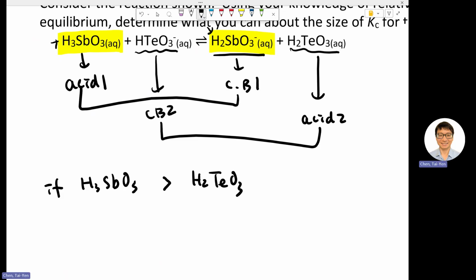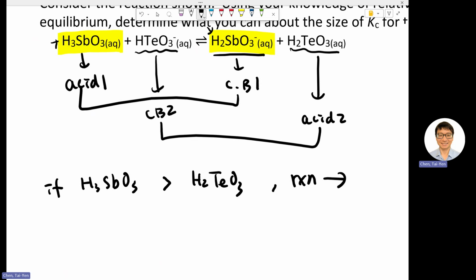Let's say your H3SbO3 is a stronger acid than your H2TeO3. Since it's a stronger acid, it's going to dissociate more. Therefore, the reaction will be pushed to the right.